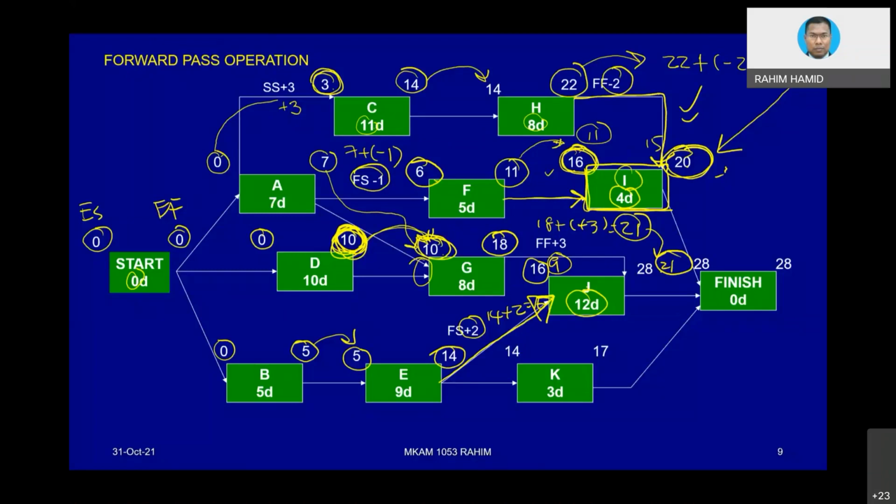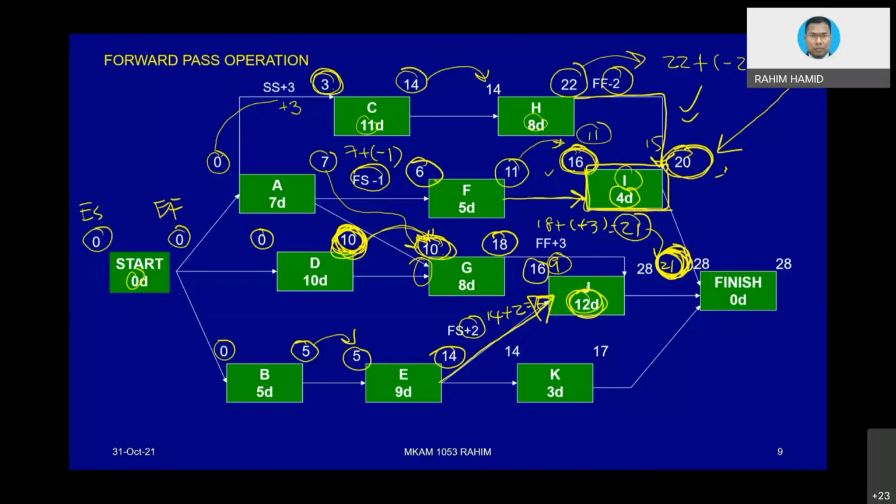Sorry, sir, where did you get the 9? Basically you subtract. Let's say you get 21 here, 21 is basically the early finish. So in order to get the early start, you just subtract 12, which is the duration. Okay, so you have the indicator. But we are not going to consider the 9 because it is much lower in value.